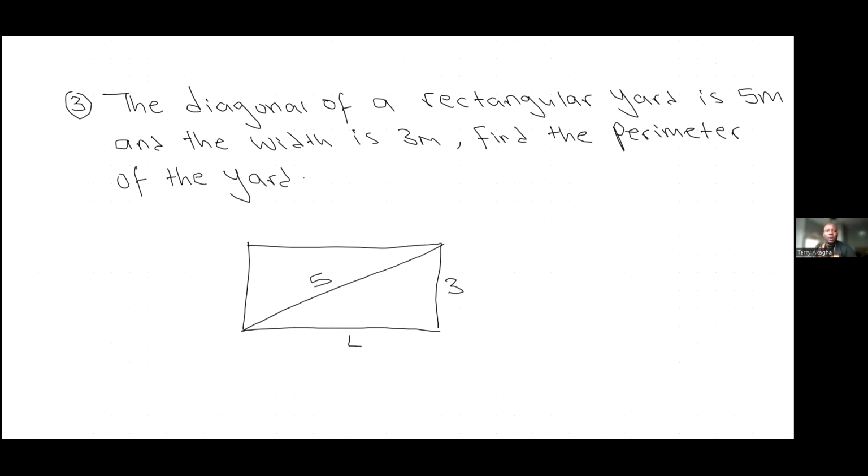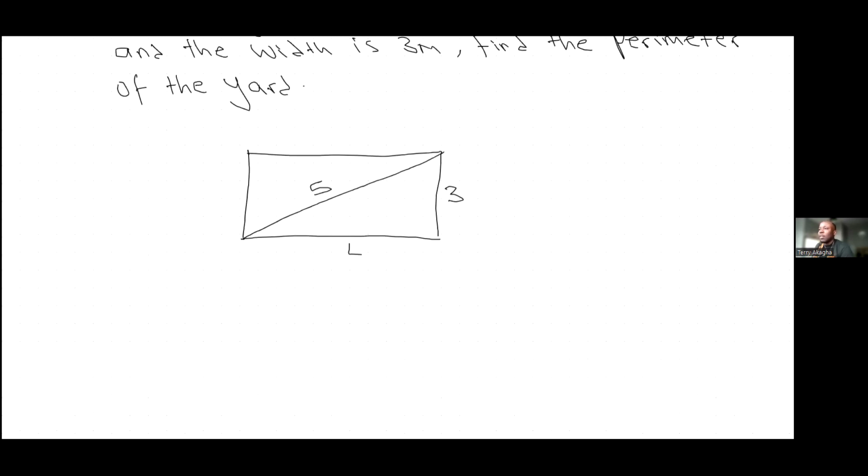So like I told you in the previous video, a diagonal usually divides a two-dimensional shape into 2 equal parts. So that means this shape is broken into 2. So you can have it like this, or you can have it like this.